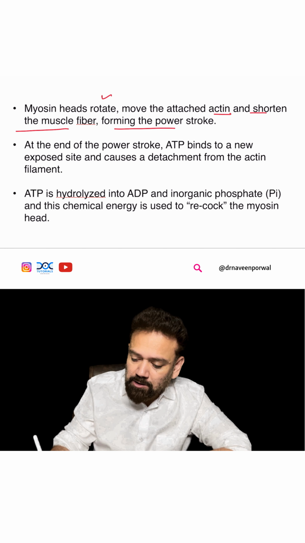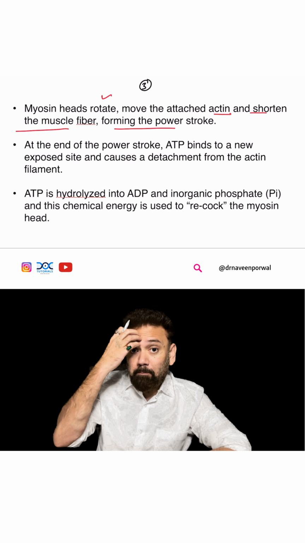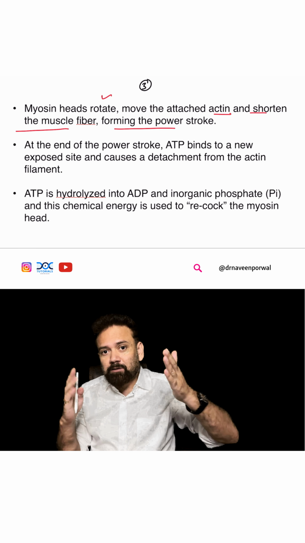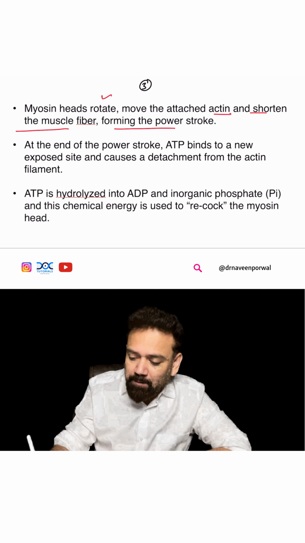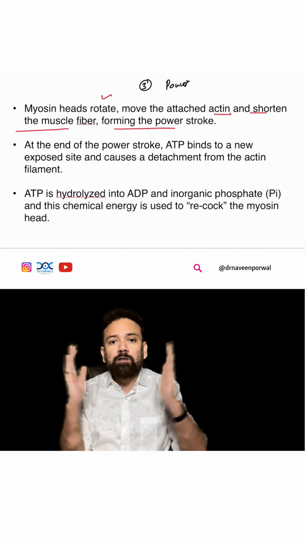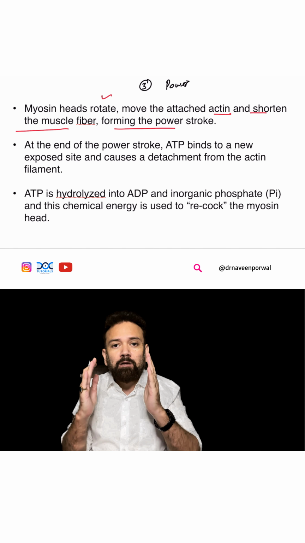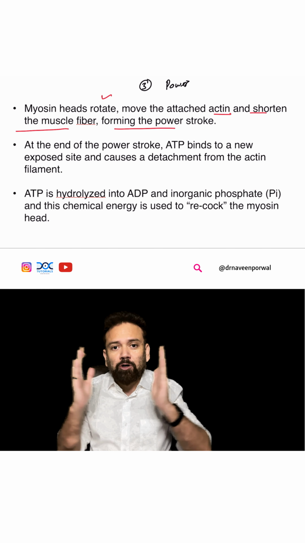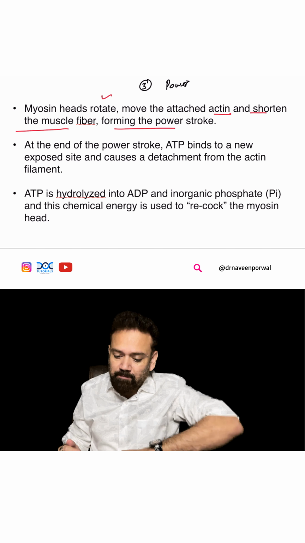So number three stage, when the myosin head will rotate, by Newton's third law, opposite and equal reaction, will be the power stroke. They will bring two sarcomeres together, two Z lines will be closer, and the sarcomere will shorten. It is called your contraction.